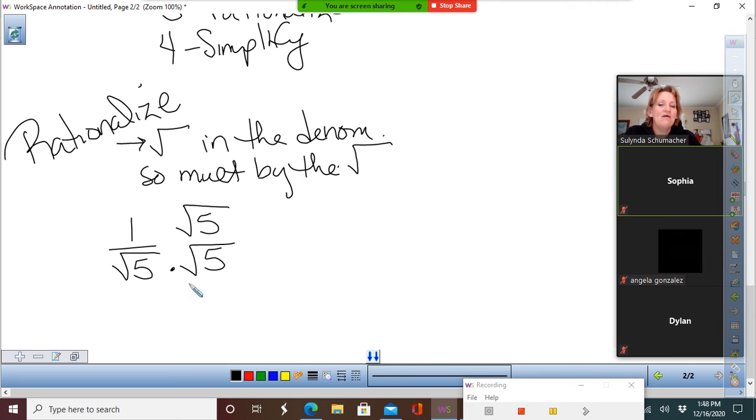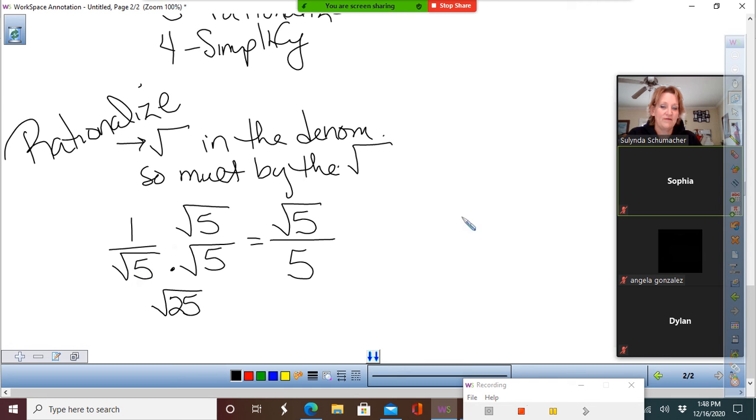On the top, 1 times the square root of 5 is the square root of 5. On the bottom, the square root of 5 times the square root of 5 technically gets the square root of 25, which simplifies to 5. That's rationalizing.